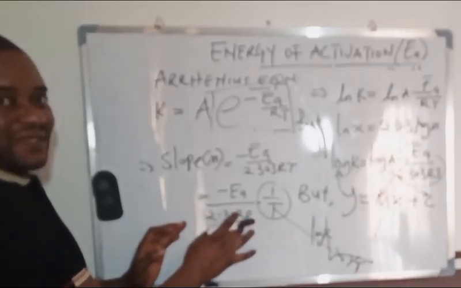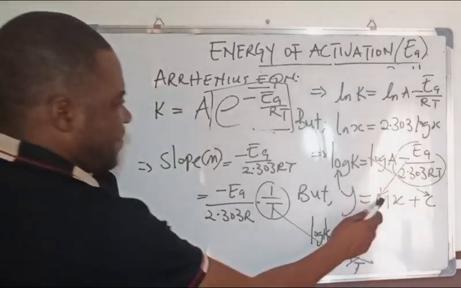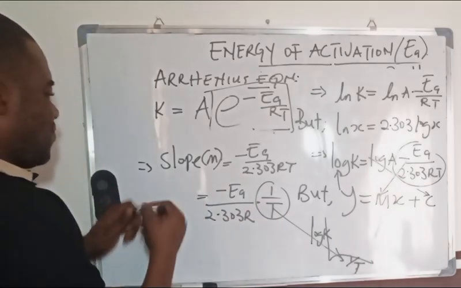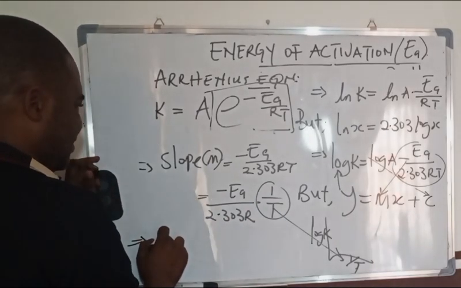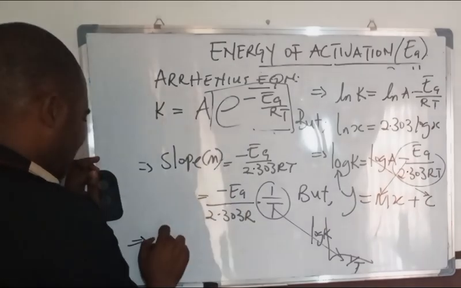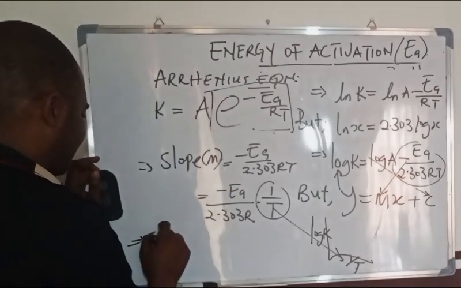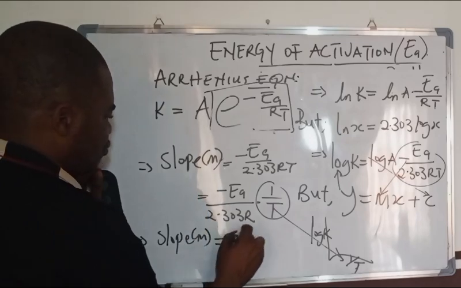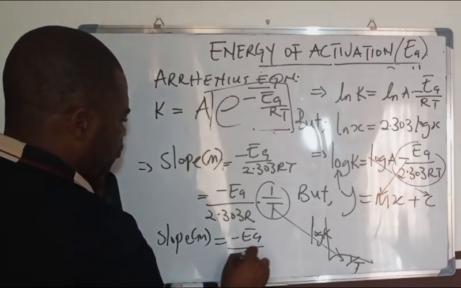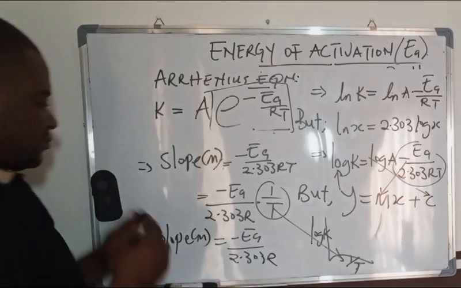And if this becomes our slope, that means the m, which is our slope, is equal to minus EA over 2.303 R.